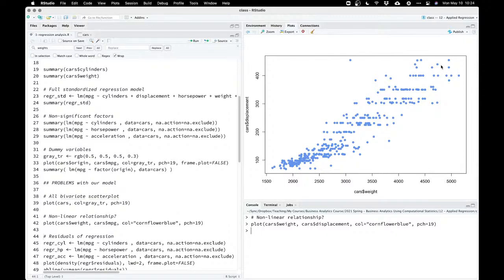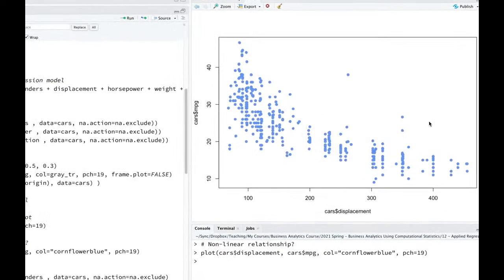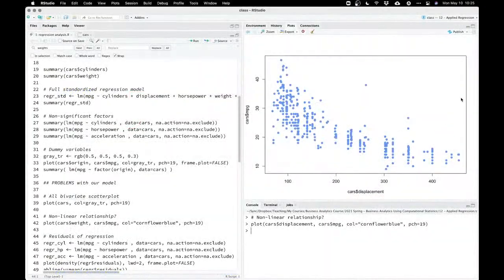As weight goes up, the miles per gallon goes up, which means our fuel efficiency is getting... Hold on. I've displayed the wrong thing. Sorry, I'm doing this all wrong. Displacement and MPG. I looked at completely the wrong variables. Sorry. There we go.